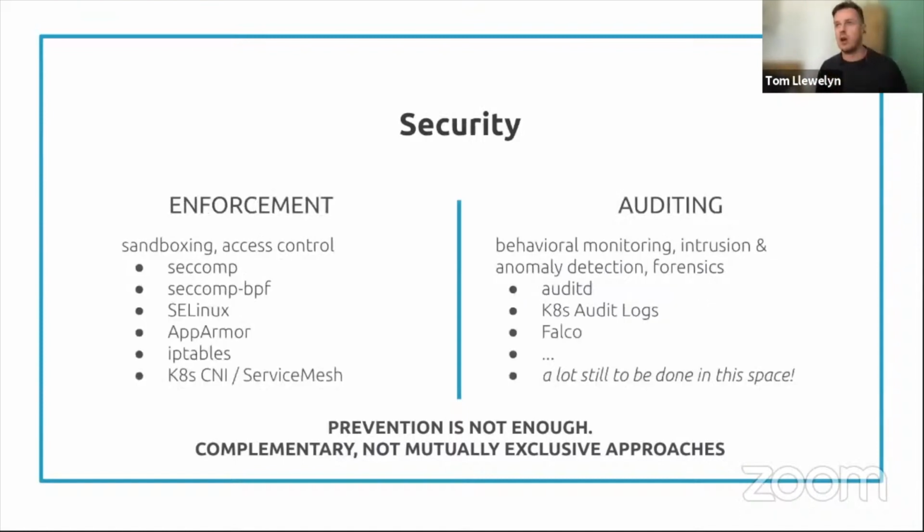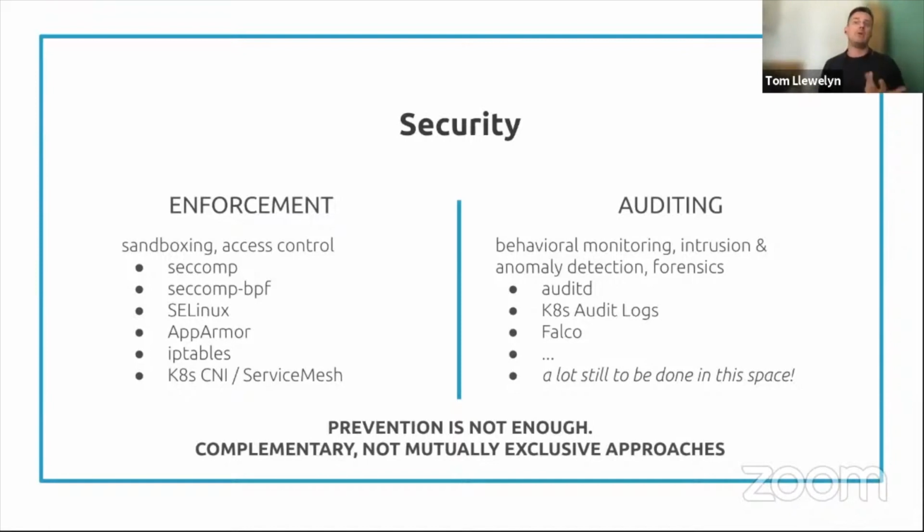Looking at a few examples of tooling in the Linux world that deals with security enforcement capabilities. You have things like seccomp and seccomp BPF, which are involved in filtering system calls, so you're actually blocking system calls. SELinux, which is a Linux security suite, vastly capable in terms of mandatory access control and label-based security profiles.